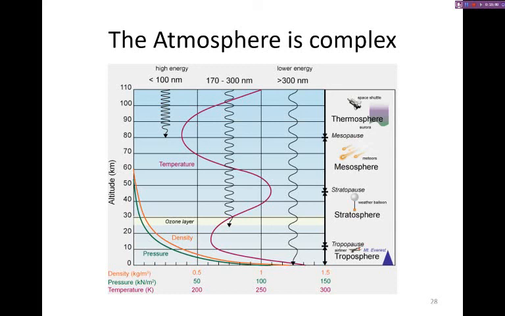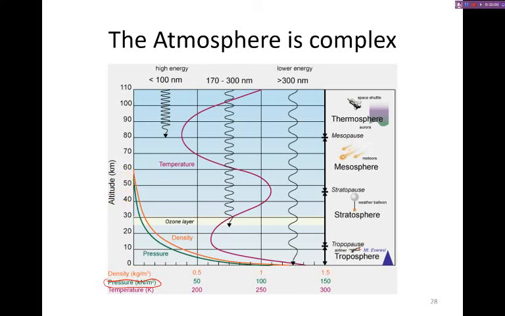As I mentioned before, the atmosphere is made up of a variety of different components, and the atmosphere itself is very complex. The exact pressure that you would experience is going to depend on a variety of different factors. We can see here that the pressure, in green, is a function of the altitude.